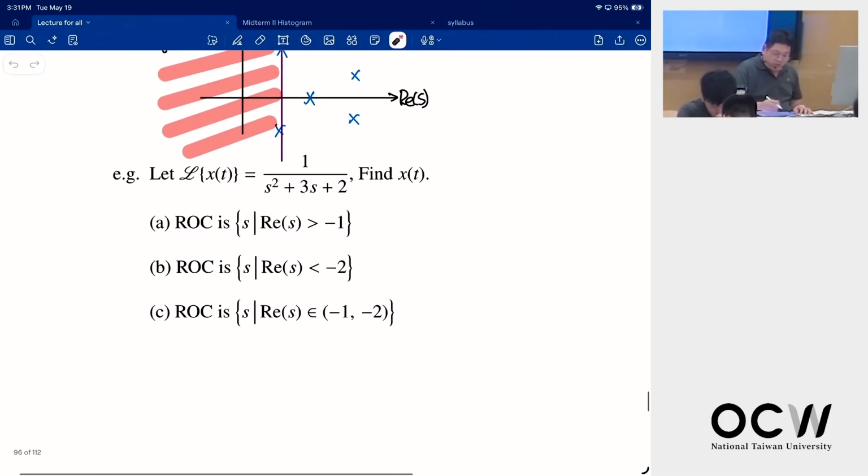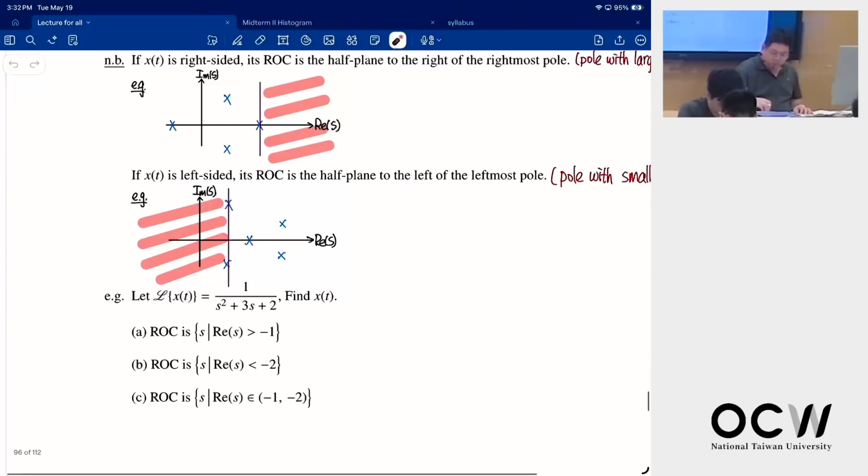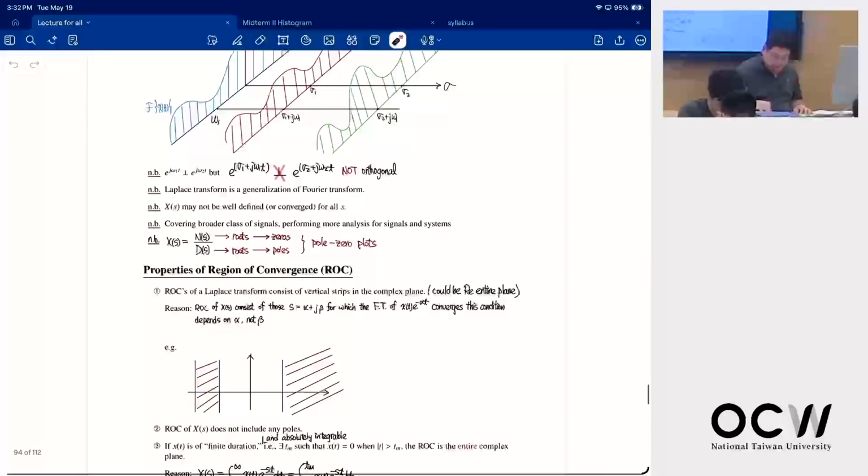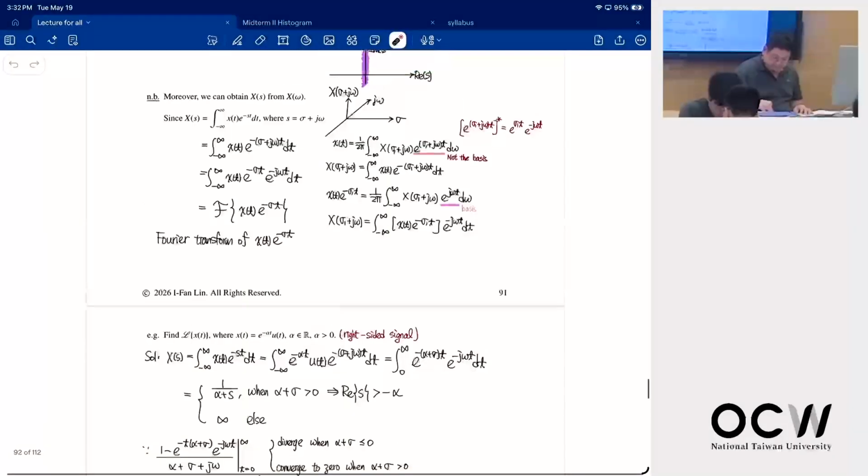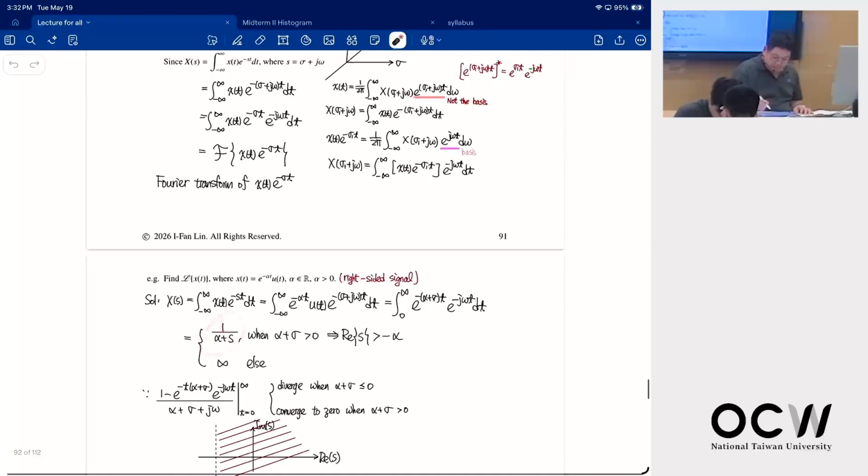Normally for Laplace transform, I have a rational function. We need to do the partial fraction expansion. So far, we only know this: if I have e to the minus alpha t times unit step function, then we have 1 over s plus alpha.